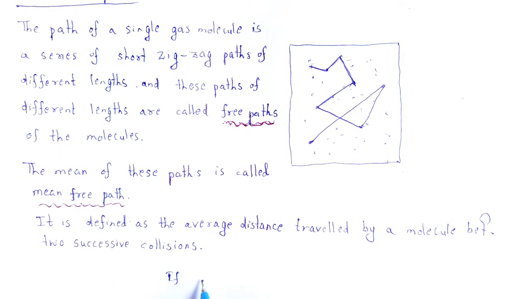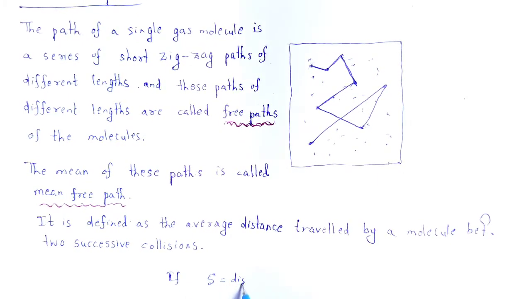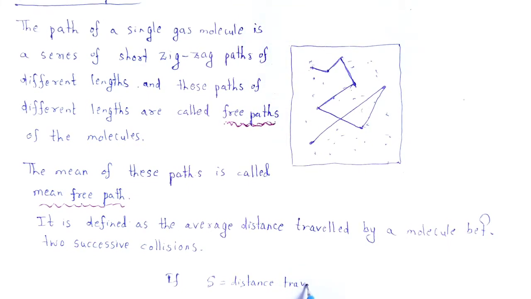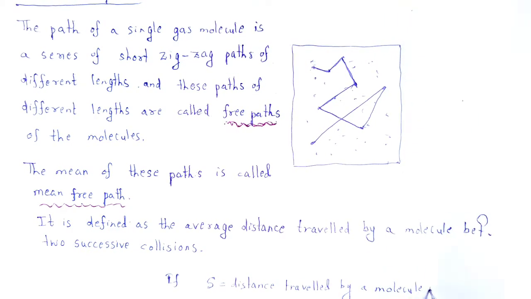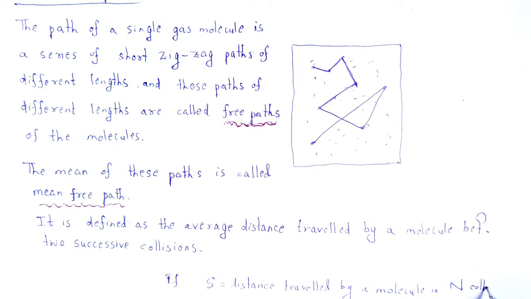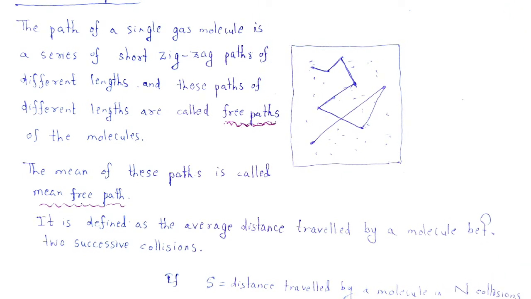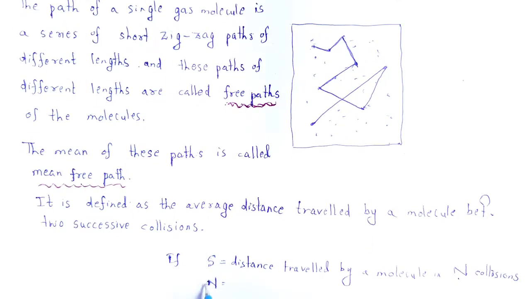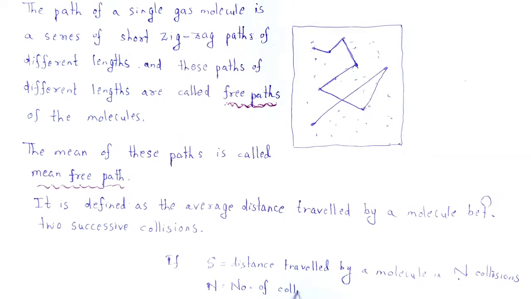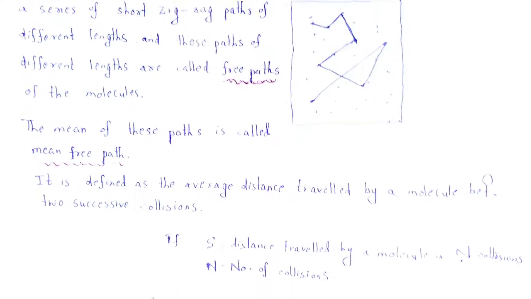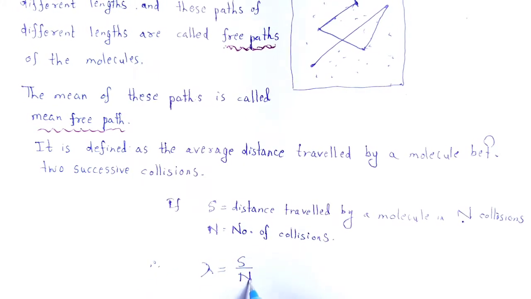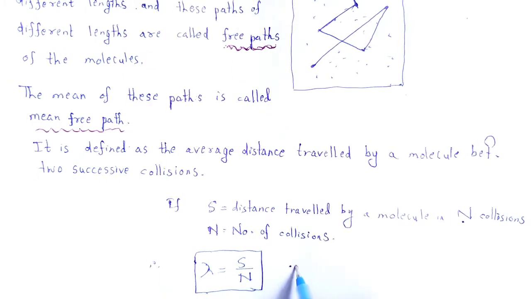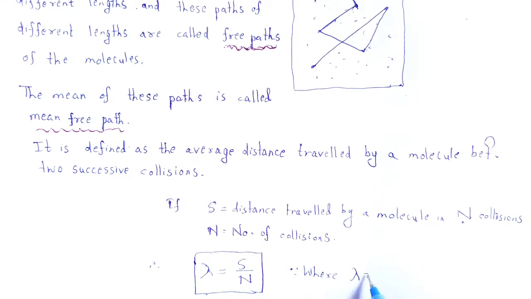If S is the distance travelled by a molecule in n collisions, where n is the number of collisions, then the mean free path lambda is equal to S by n, where lambda is the mean free path.